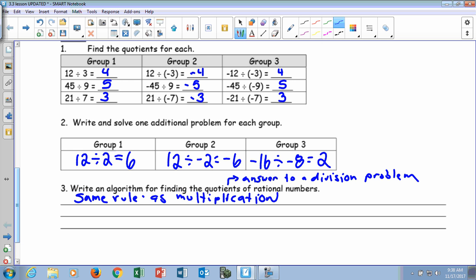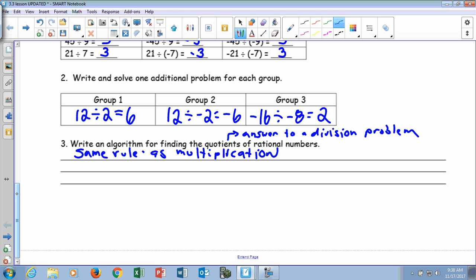And again, those rules are, if the signs are the same, like in group 1 and group 3, right? A positive divided by a positive was a positive, and a negative divided by a negative was a positive. Our quotient is positive.